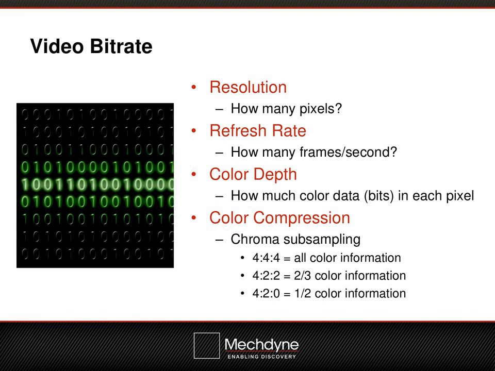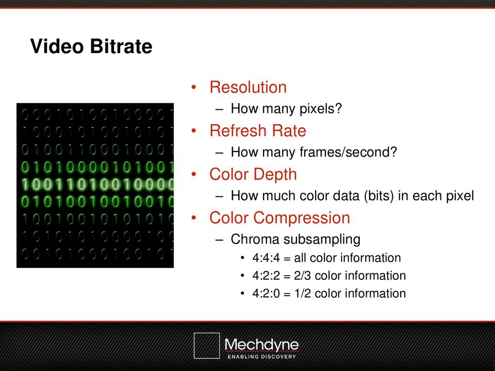You need to ask, what's your color depth? That basically refers to how many color bits are in each pixel. Each pixel is comprised of 3 different colors, red, green, and blue. And you can have a certain number of data bits that describe the color for each pixel.